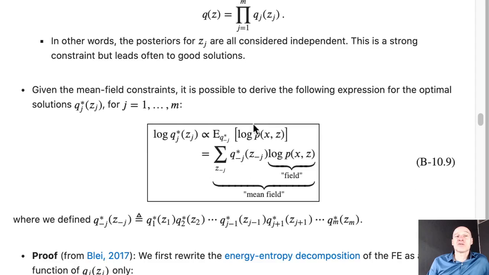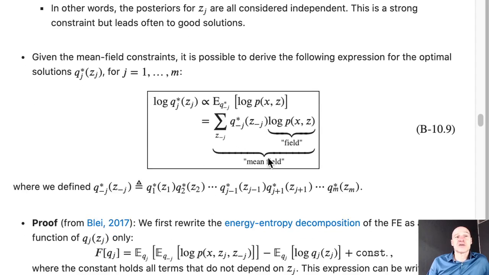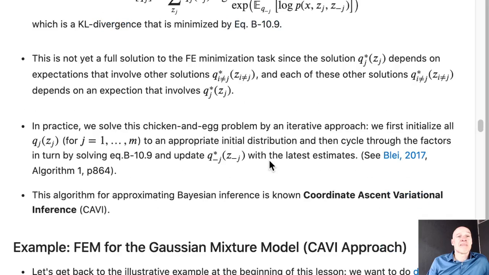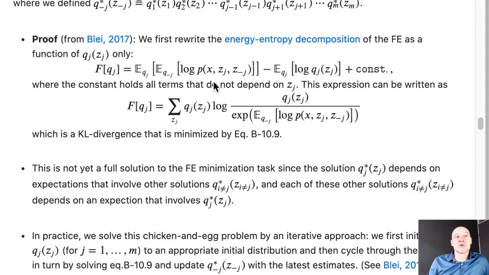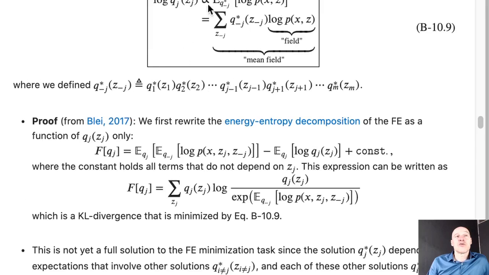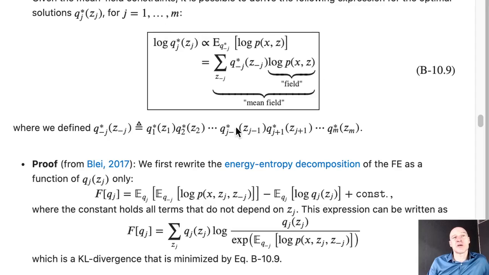You can work this out. There's a proof actually of this. And you can work this out now for the Gaussian distribution. There's one more thing I need to say about this. The posterior solution for z_j is a function of the posterior solution for all other variables, and I mean actually the solutions.